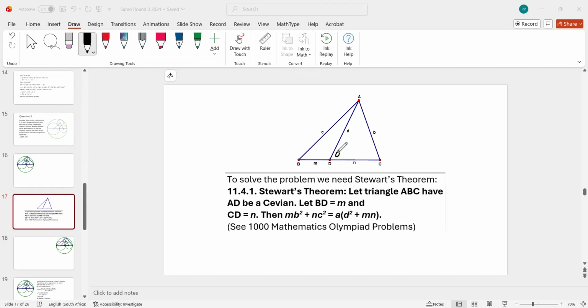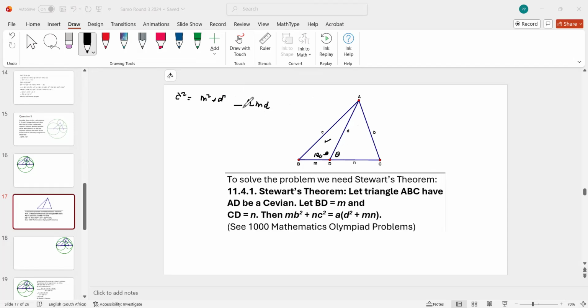Let's call this theta. Call this 180 minus theta. So if you apply the cosine formula to the left-hand triangle, you've got c squared is equal to m squared plus d squared, minus 2md times cos of 180 minus theta.